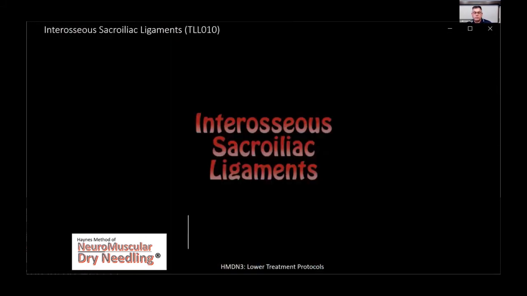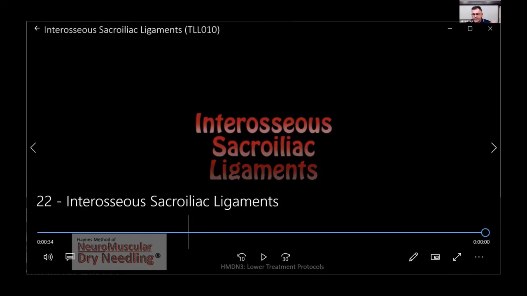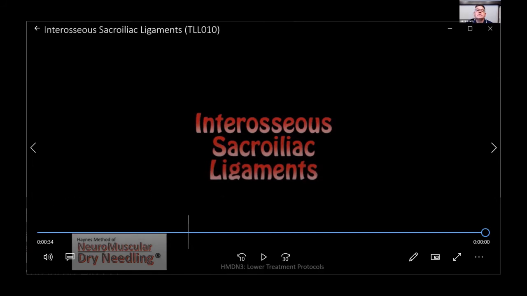Normally, treatment-wise, we can do some unidirectional rotation and manipulate that ligamentous structure, to get a nice, good response out of those.